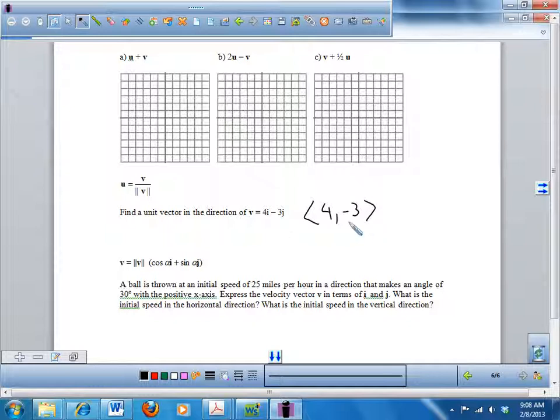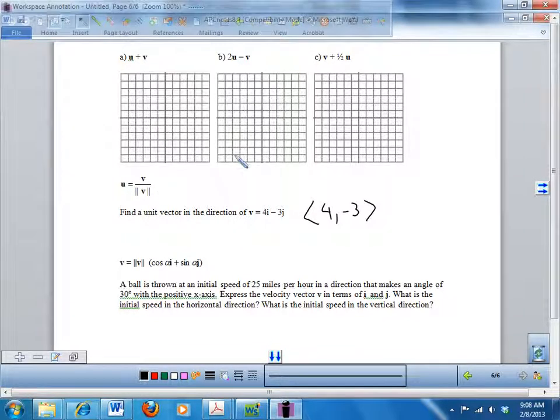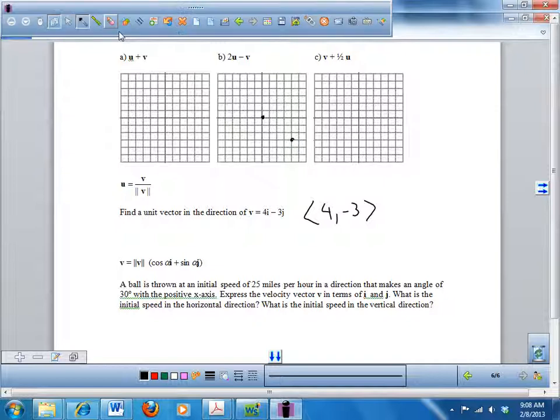If I were to graph this, it says go over 4 and down 3. So 1, 2, 3, 4, down 1, 2, 3. So here is this vector here.